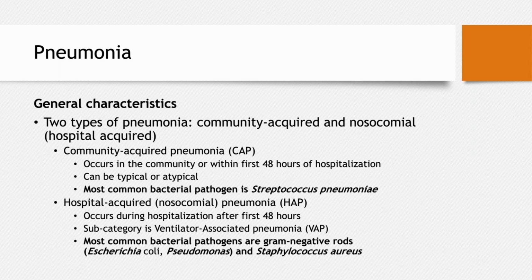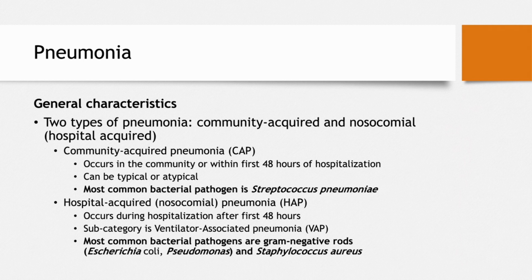So let's say you're admitted to the hospital for a knee infection, and on day one after admission you develop pneumonia. That would technically be considered a community-acquired pneumonia. However, if you're admitted for a knee infection or a knee surgery and more than 48 hours goes by and then you develop pneumonia, that would be technically considered a hospital-acquired pneumonia.